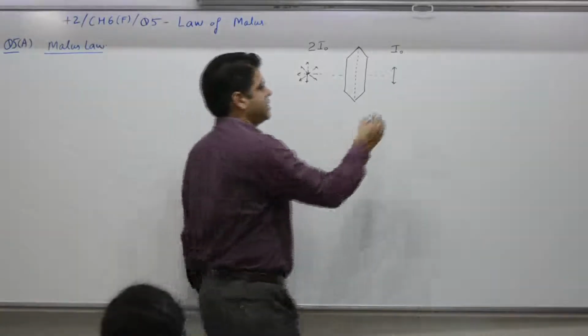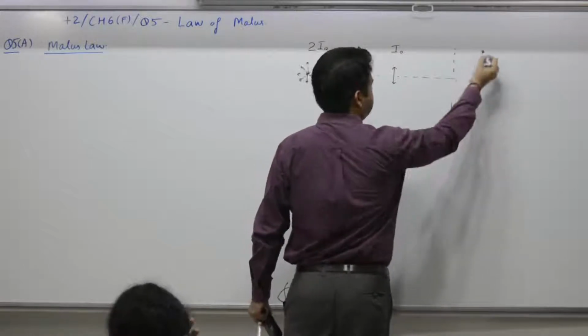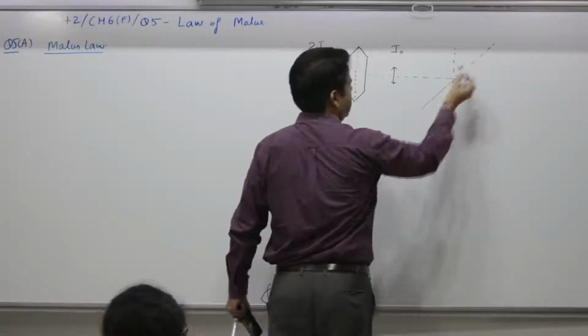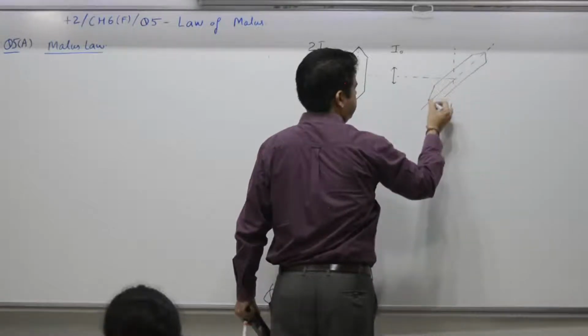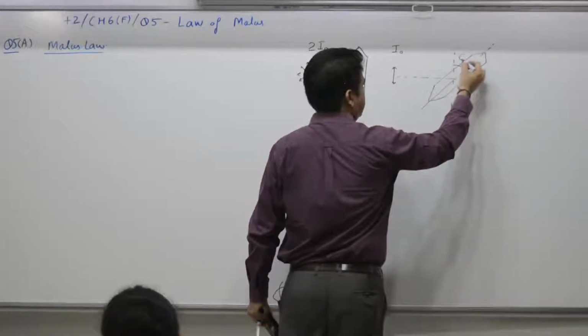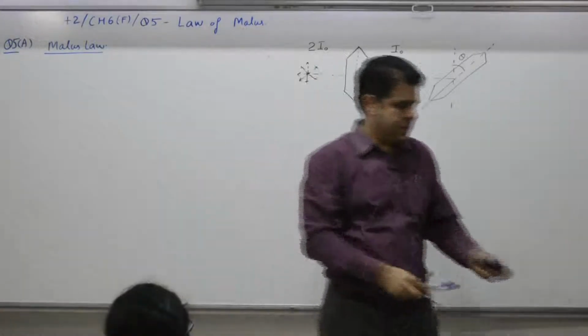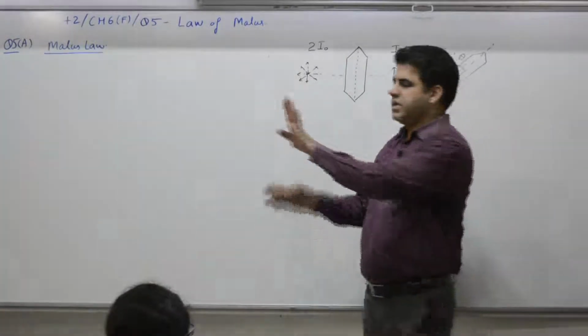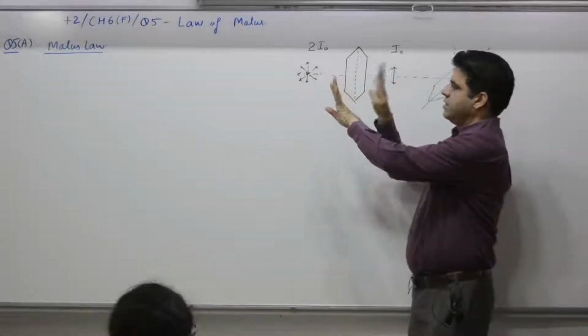If you place another analyzer at a certain angle theta with the original one, the angle between the two is theta. This is one axis, this is another axis.